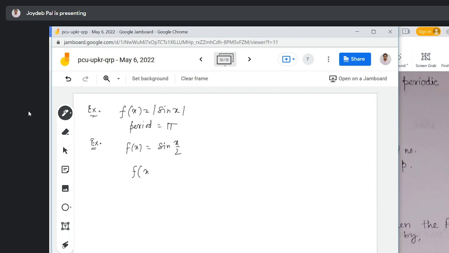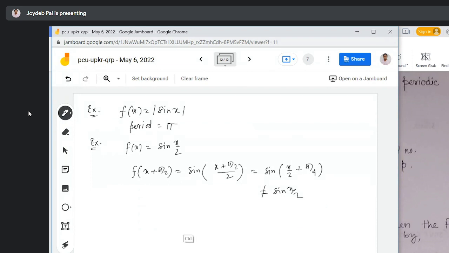So if I write f of x plus pi by 2, can it be f of x? You check sine of x plus pi by 2 divided by 2. That means sine of x by 2 plus pi by 4. Can I write it as sine x by 2? No? Right, so it is not pi by 2.